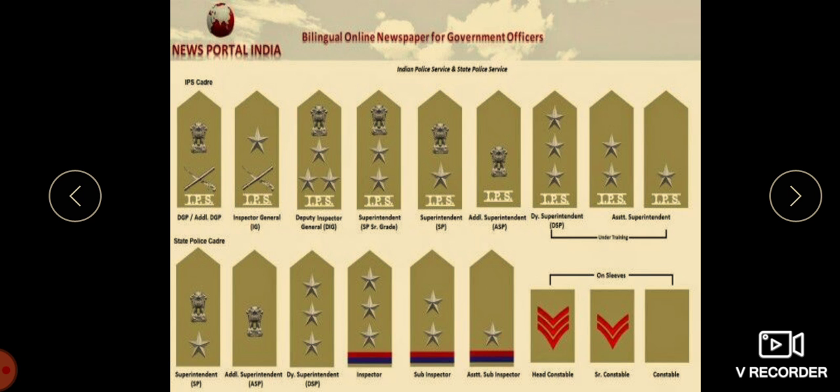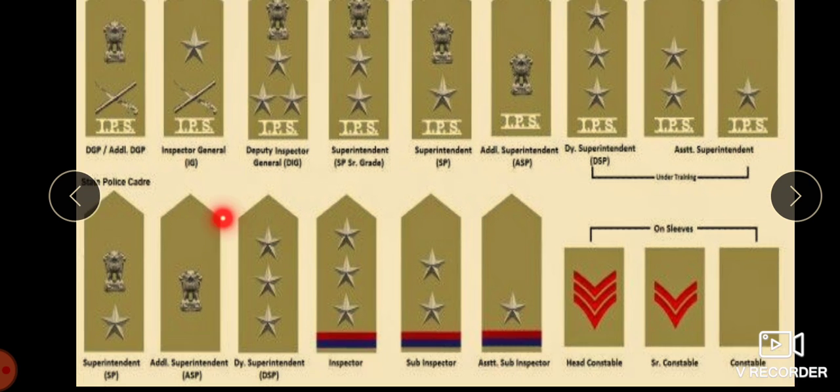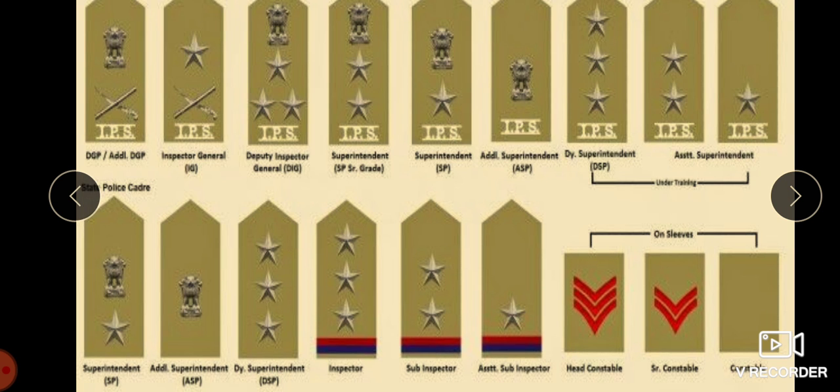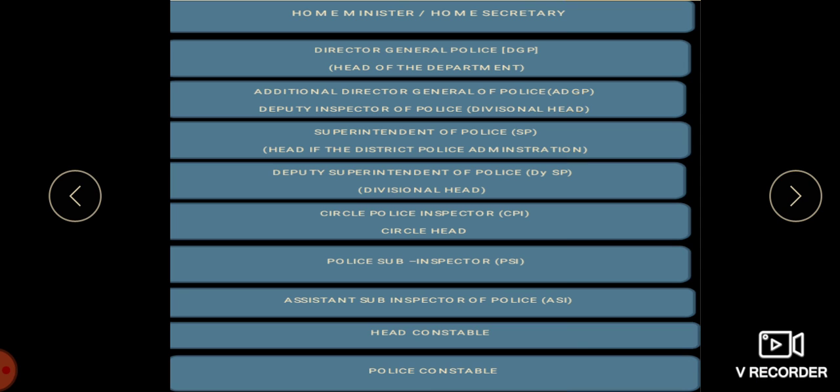These are the various departments according to the grades. Then the Inspector, Sub-Inspector, Assistant Sub-Inspector, Head Constable, Senior Constable and Constable. All these wear insignia on their sleeves, and these will be under training. So these are the various departments.